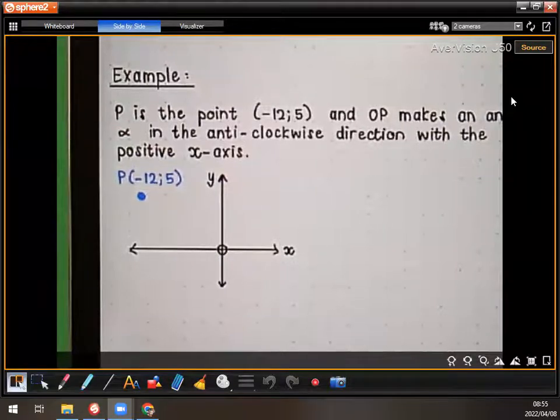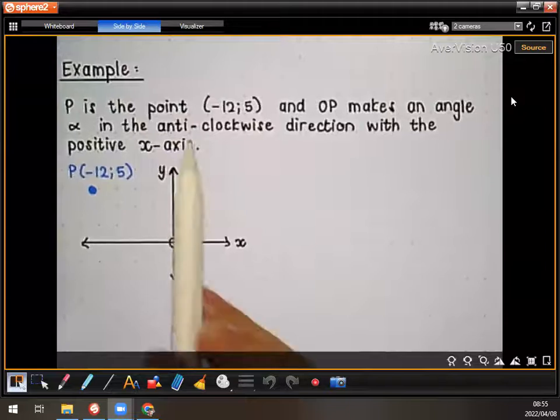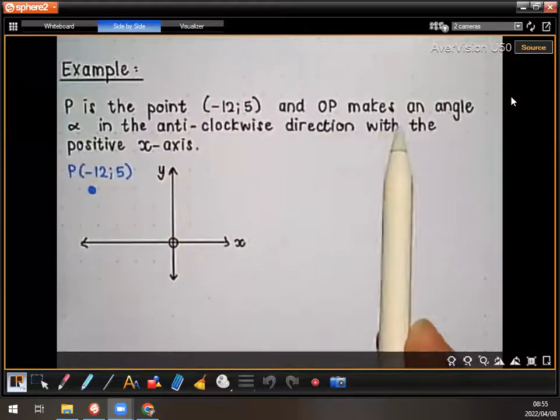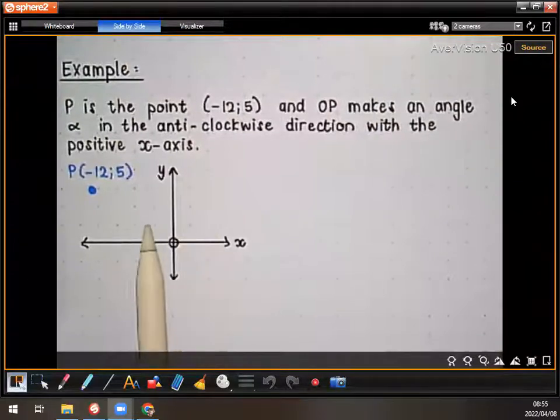And they say that it makes an angle of alpha in the anti-clockwise direction with the positive x-axis. So this is the positive x-axis, right? Anti-clockwise is that way. So they're saying that from this line to this point we have an angle of alpha.